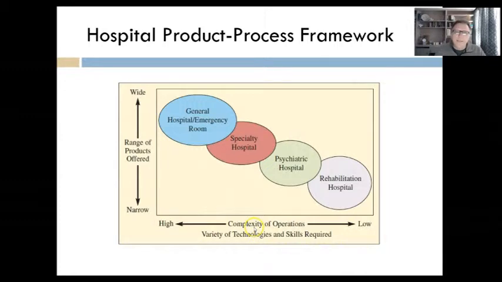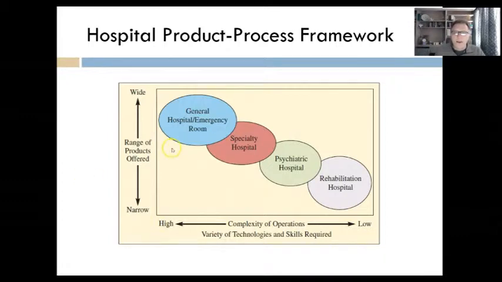So the complexity of operations is pretty low at a rehab, even though the steps are pretty complex. There's not a wide variety of operations that have to take place. They're pretty narrow, focused on that one thing. Whereas in an emergency room, they have a lot of different things to cover: everything from broken legs, gunshots, people choking, bee stings, whatever the case might be.